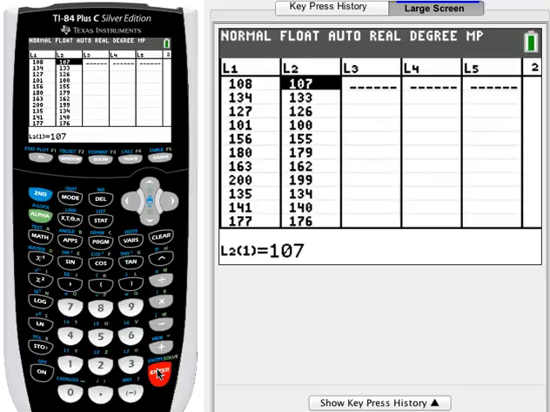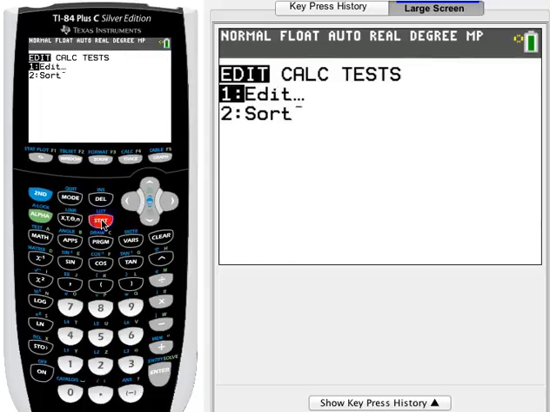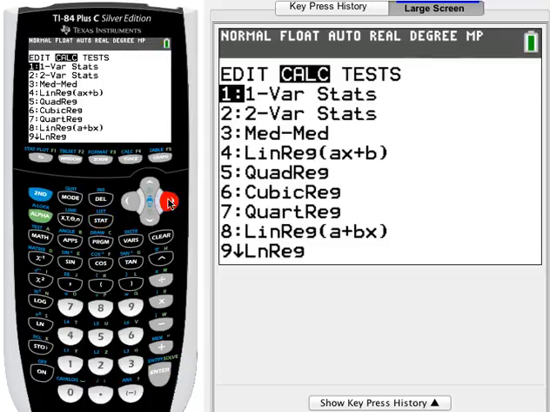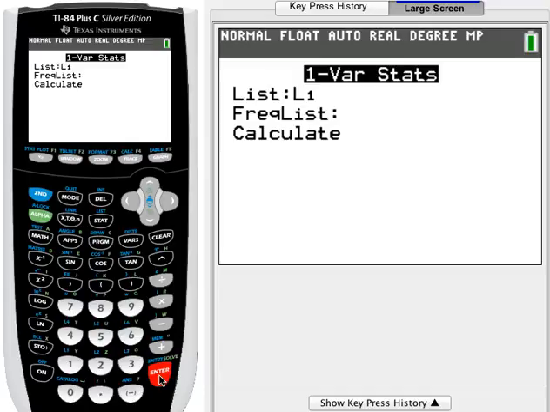So you can actually do manipulations on your calculator like this. It's really slick, because now when I go back to do my one variable stat, notice the data that I'm looking for now is in list 2. That's what I want to perform my stats on this time.